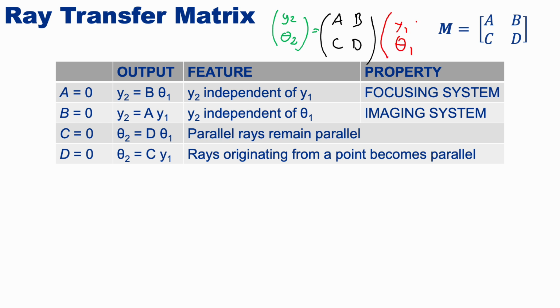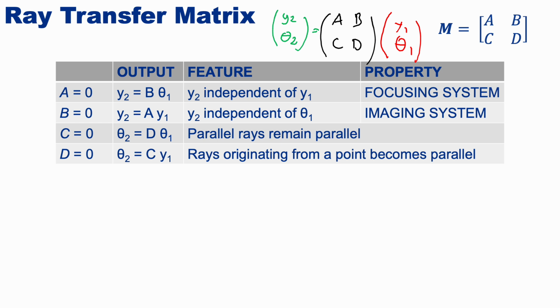The particular cases are when elements of the matrix are equal to 0. So let's say that A is equal to 0. That means that the output height of the ray is independent of the height of the input ray. It is only going to depend on the angle, and this is the property of focusing systems.